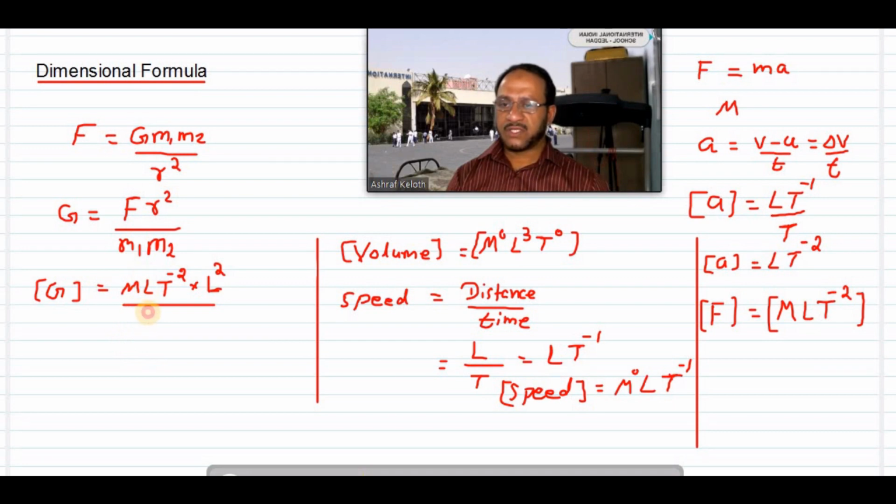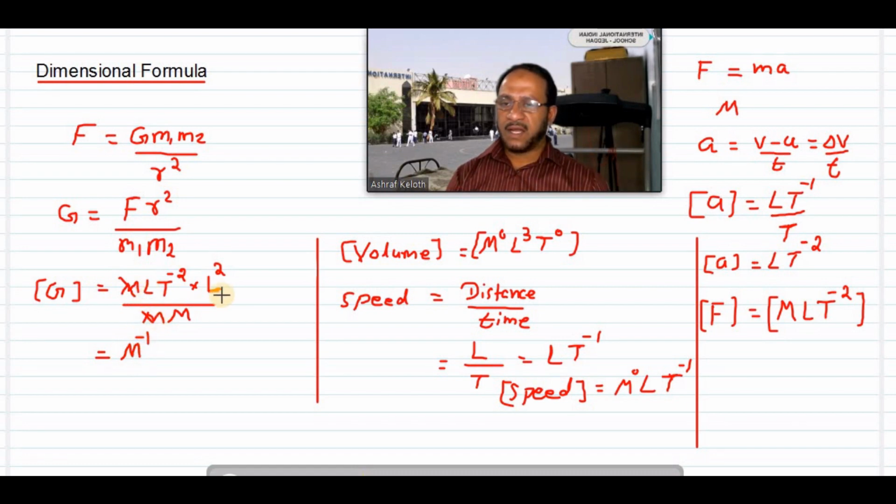That is mass into mass. M is the dimension of mass, and again M is the dimension of m2 also, so M square is there. One M will get cancelled, and one M will go to the numerator as M raised to minus 1.